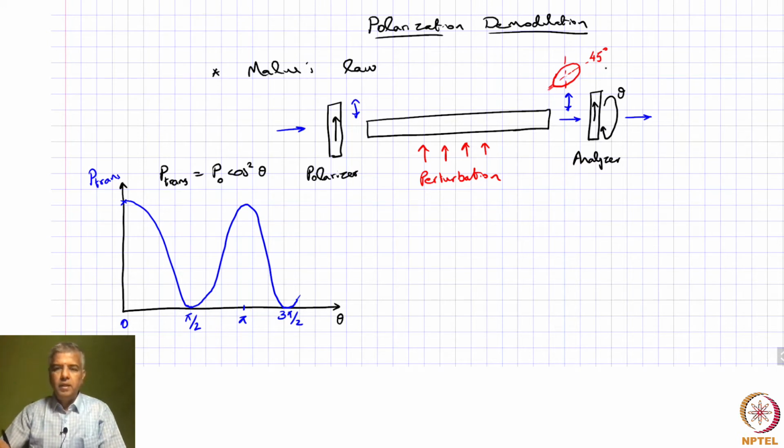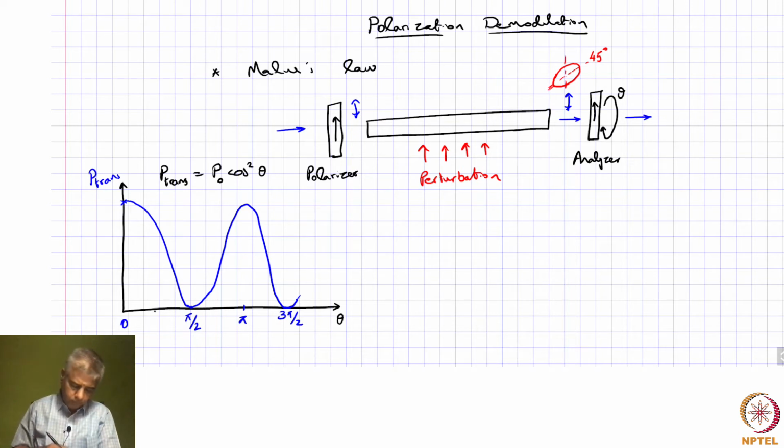So what we expect here is, as you rotate this analyzer, you're going to see a maximum at 45 and a minimum at 135, and then a maximum once again at 225, and so on.